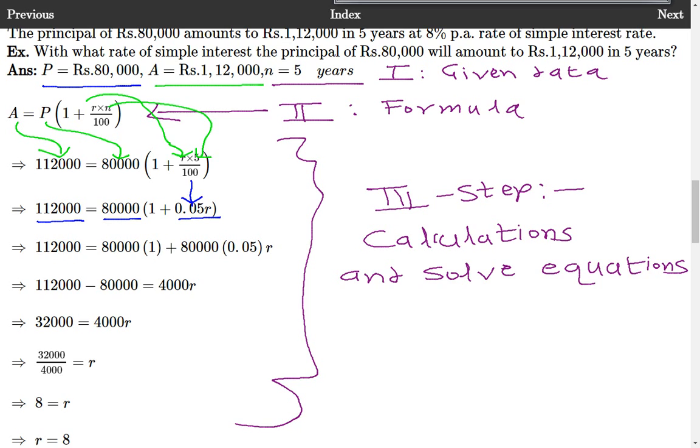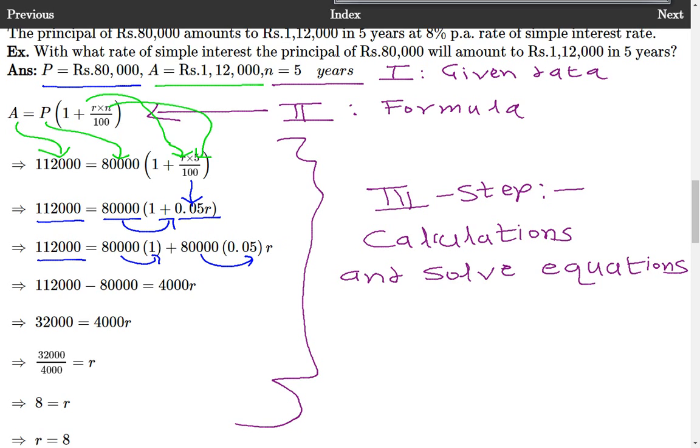Further simplify: 1,12,000. Now multiplication gets distributed over addition. So it is 80,000 into 1 plus 80,000 into the second term, that is 0.05 R.